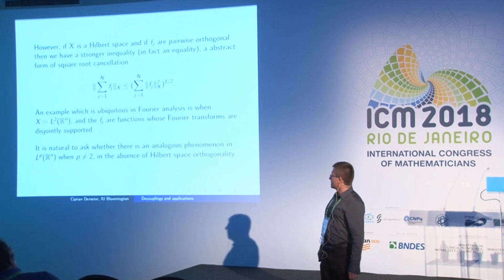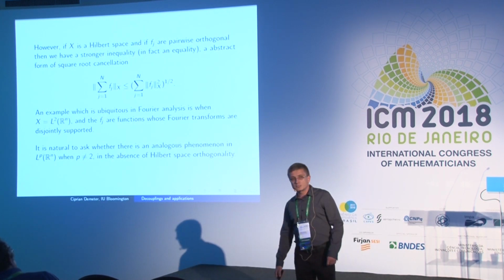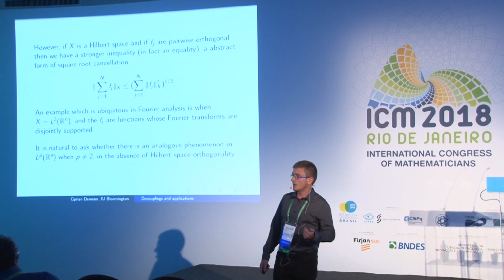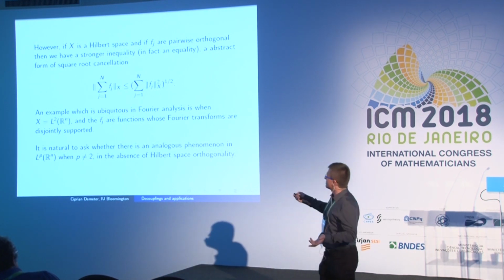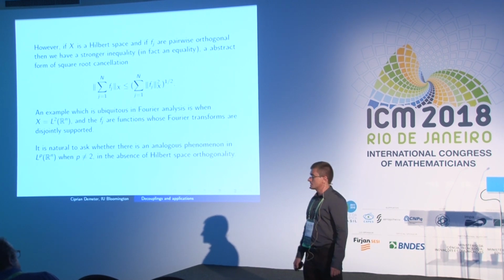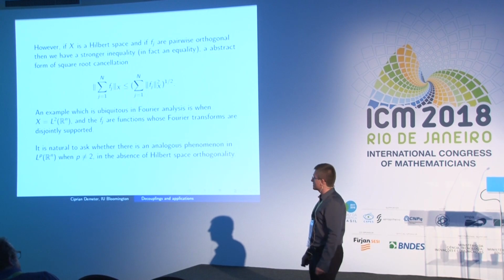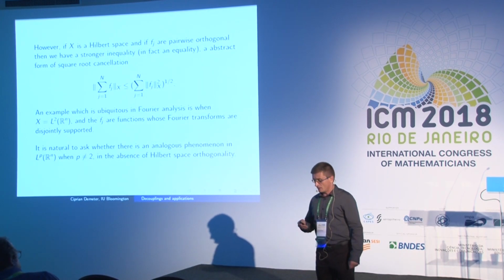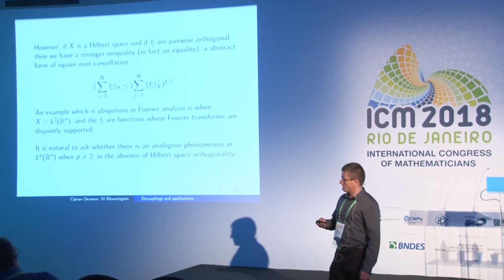So it makes sense to look at L^p. If p is not 2, L^p is very far from being a Hilbert space, and so you lose this beautiful abstract structure. And you need to, nevertheless, understand what happens to the Fourier transform of functions with some restrictions on the spectra.